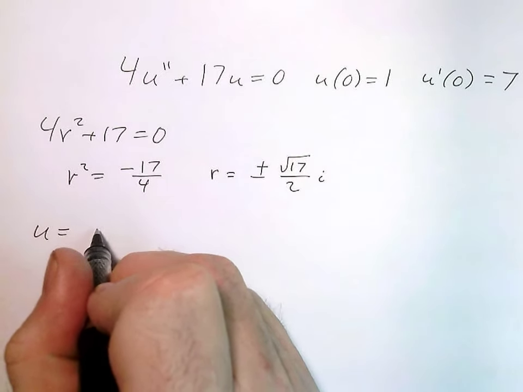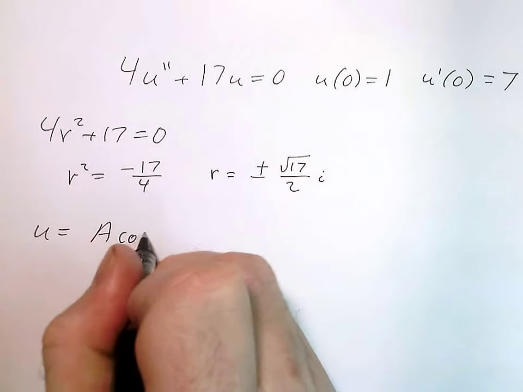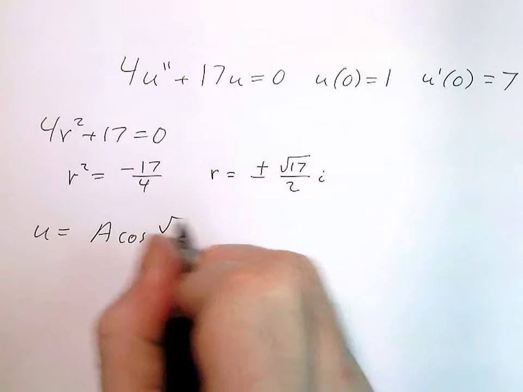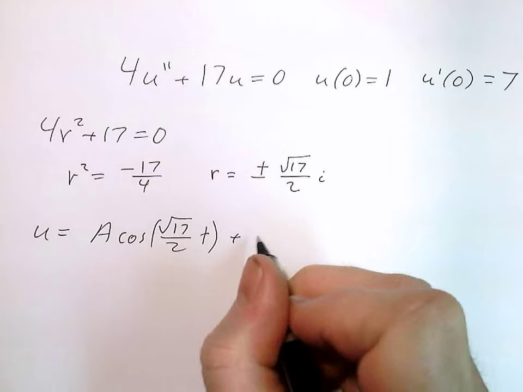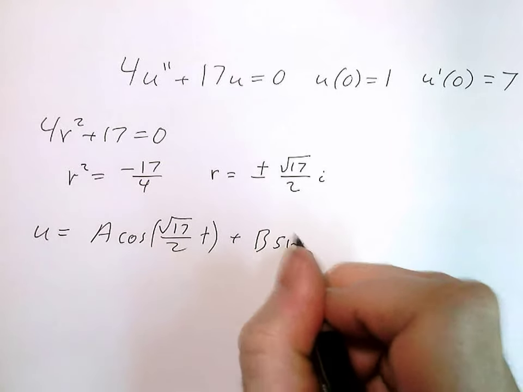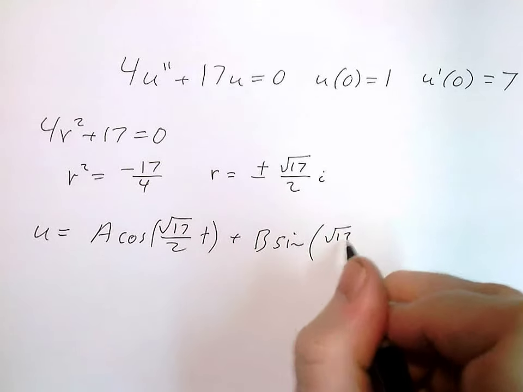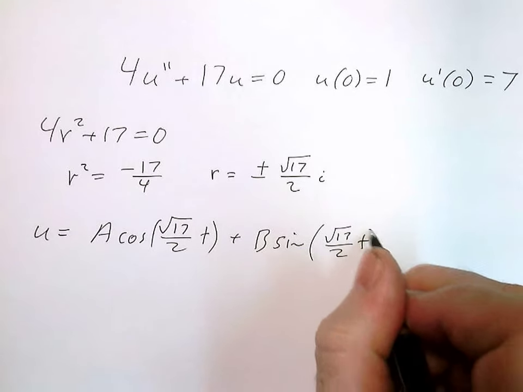But I have u equals a cosine of square root of 17 over 2t plus b sine square root of 17 over 2t.